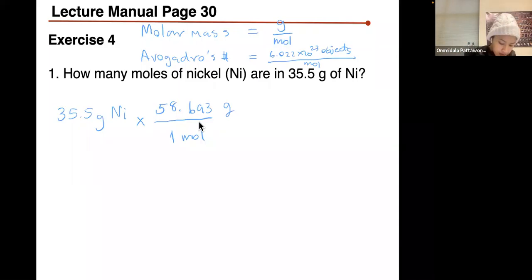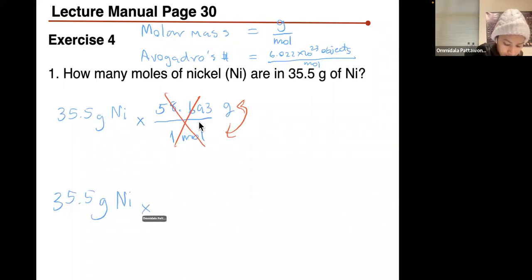So in this case, you need to flip this, because this is incorrect. If I set this up correctly, it would be 35.5 grams of nickel. Grams have to be on the bottom and mole has to be on top, so that way you get mole at the end. Again, when you flip the units, you also need to flip the number as well.